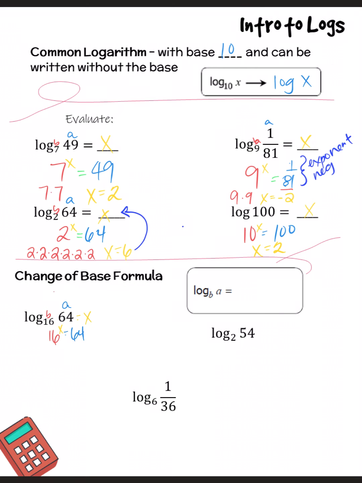If I take 16 times 16, that equals 256, and if I just have one 16, that's 16. But 64 is somewhere in between, so that's what we have to figure out. What we need to do is a change of base, if it's not easy to evaluate.